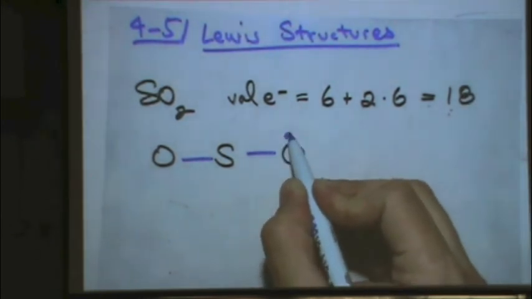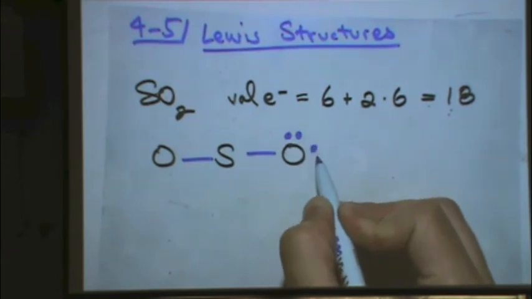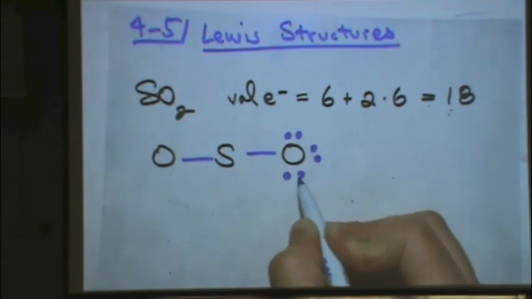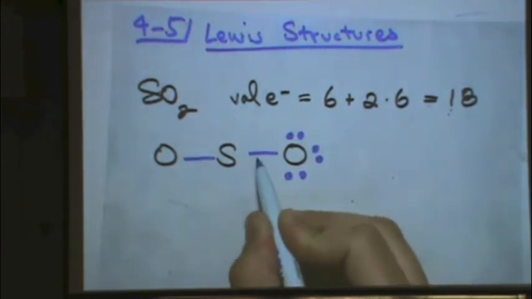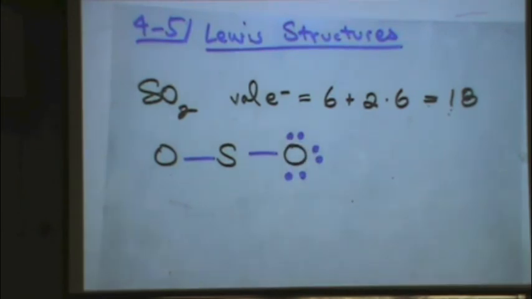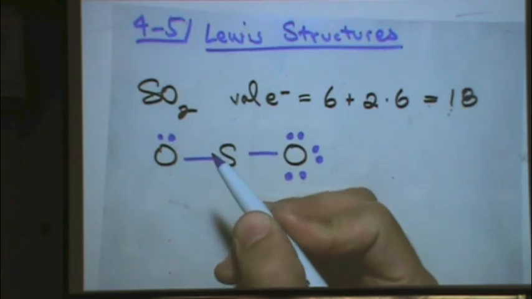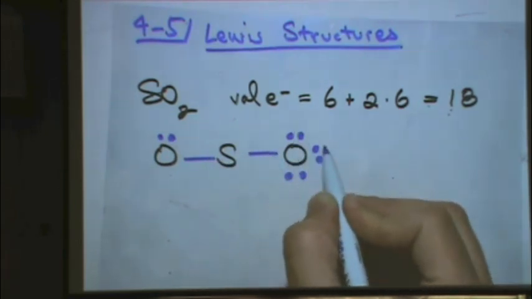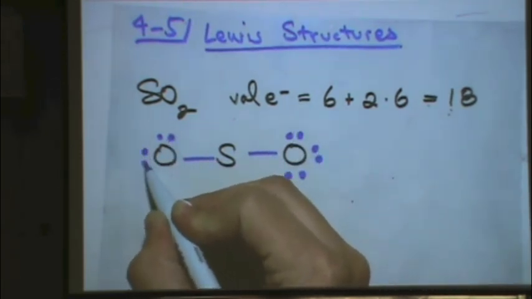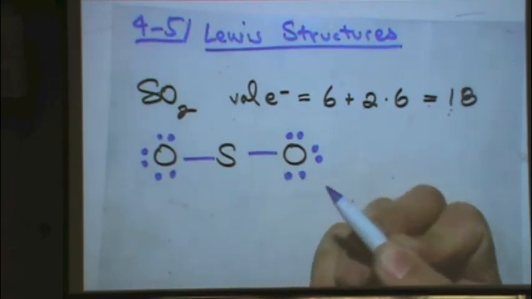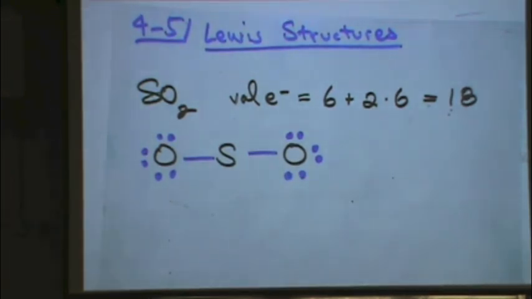I start making lone pairs around the outside atoms. So I just did 2, 4, 6, 8, 10 of 18. Now I go to the other terminal or outermost atom: 2, 4, 6, 8, 10, 12, 14, 16. Now I've done 16 of 18 electrons.